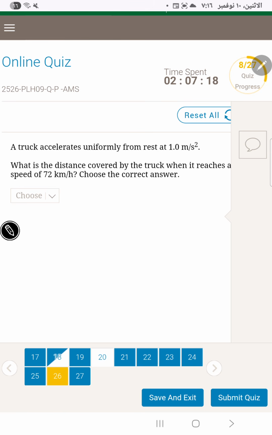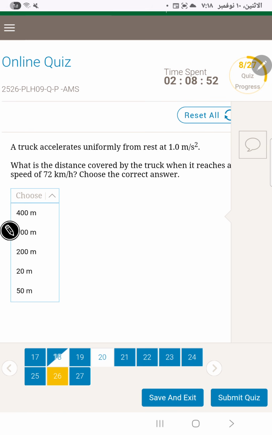Number 26 now. A truck accelerates uniformly from rest at 1 meter per second squared. What is the distance covered by the truck when it reaches a speed of 72 kilometers per hour? Choose the correct answer. Here we have to find the distance.